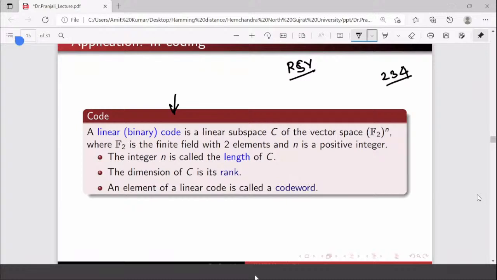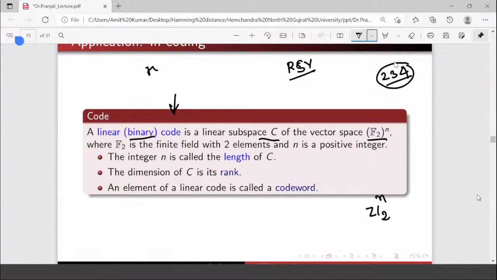But if anyone reads it, they will just think that these are some numbers. So what is a code according to us? Now we have to turn to mathematics. So a code in our sense is a linear subspace of a vector space. Of course, we are talking about binary. It's a vector subspace of Z2 to the power n.